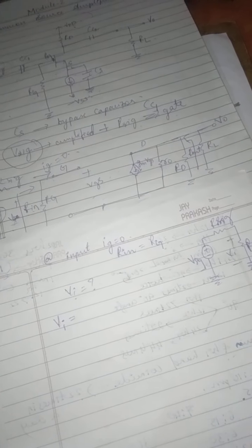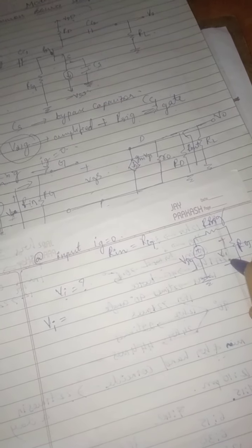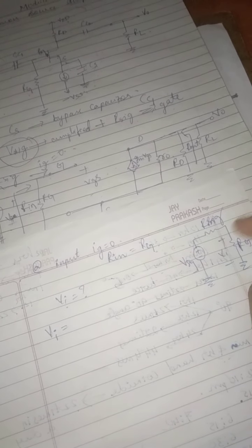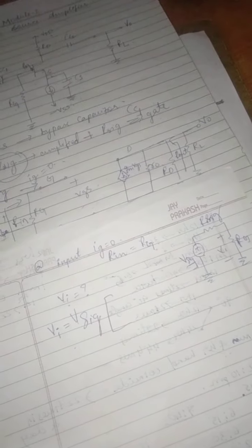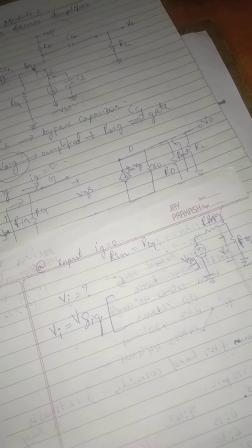To find the potential at one point, that is nothing but Vi that I want. Vi is nothing but Rin, which is nothing but Rg. That means when you want to find the potential at the input part, you have to take the overall voltage appearing, that is VSIG, multiplied with the resistance that is appearing at the input part, which is my Rg.